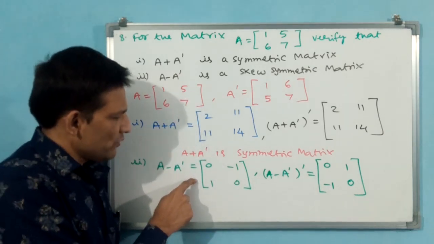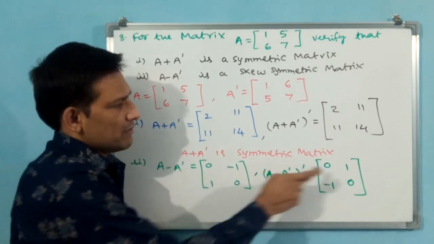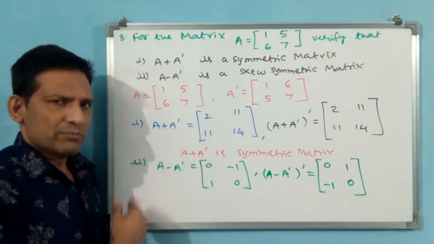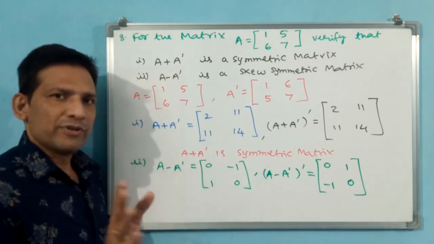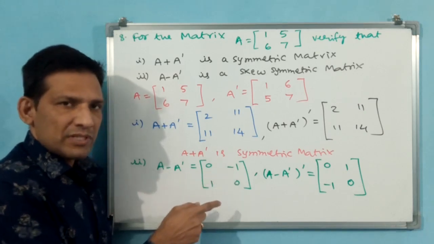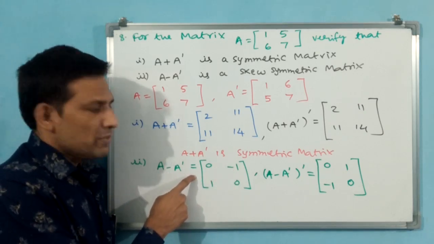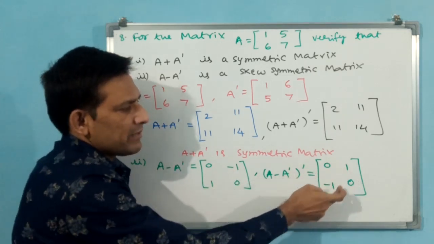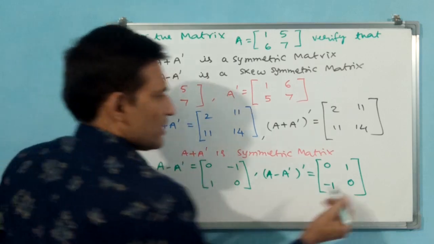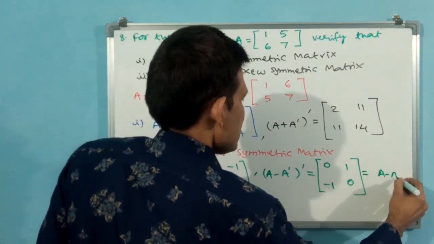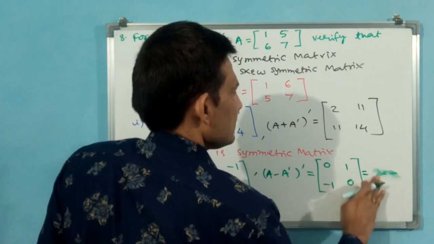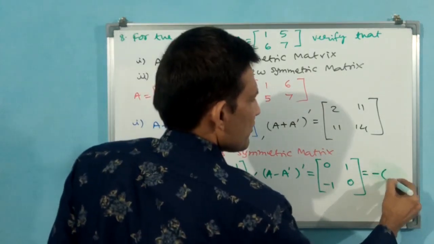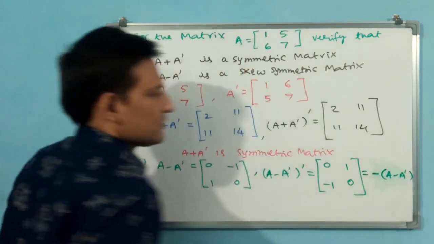Because see, if you put a negative here, this is going to become plus 1, and this is going to become minus 1. Zeros are not going to change, whether you put negative or positive, but the remaining real numbers inside are going to change. You see, this has become plus 1, this has become minus 1. That is why this is equal to the negative of the original matrix, that means negative of A minus A transpose.